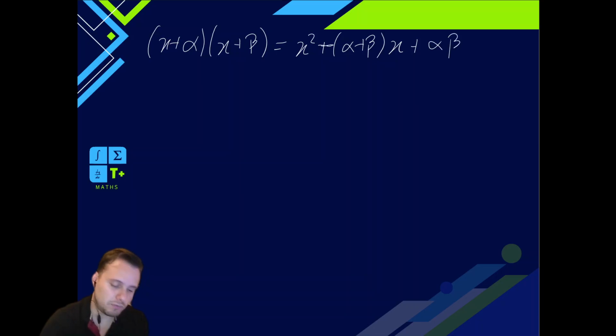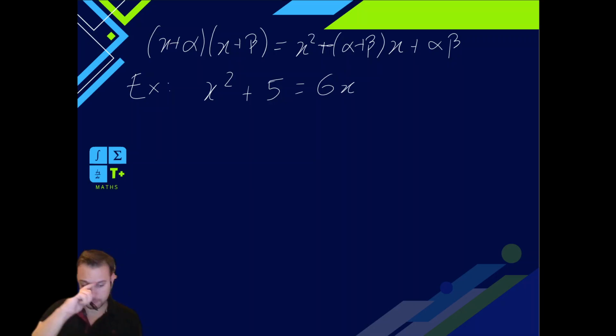So what we're going to focus on here is which terms appear in my equation. So for example, let's say that we're going to solve x squared plus 5 is equal to 6x. This is going to be our equation.